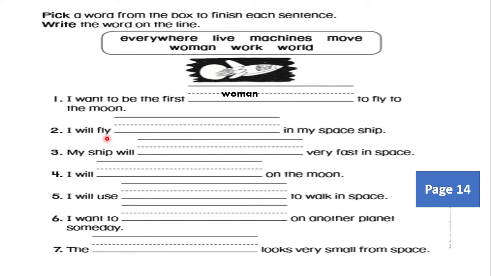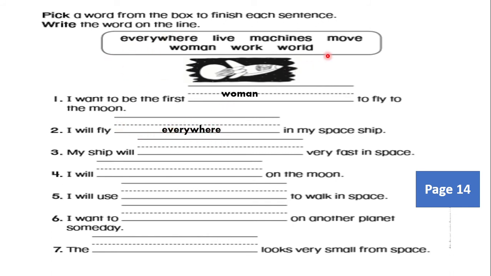I will fly in my spaceship. I will fly. What is the most suitable word? Everywhere. You ask yourself, I'll fly where? Everywhere. Okay, so here it needs an adverb.